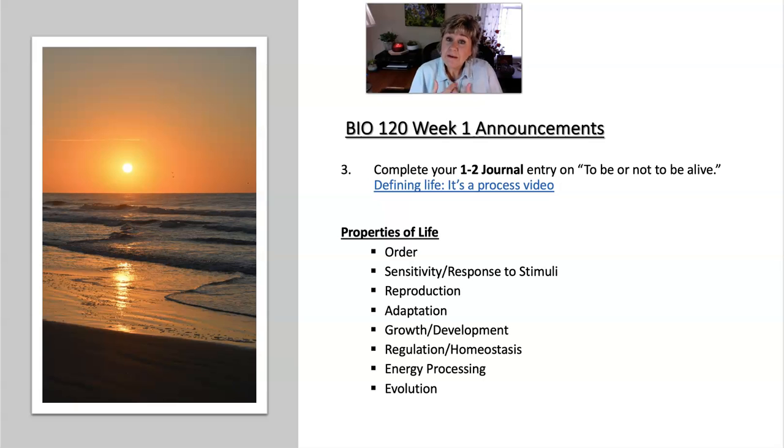In response to environmental pressures that are out there. Whatever is out there, the climate, the amount of rain, the other organisms that are present, disease, so many things, all the pressures that are out there. So that's evolution. So those are the characteristics and properties of life.